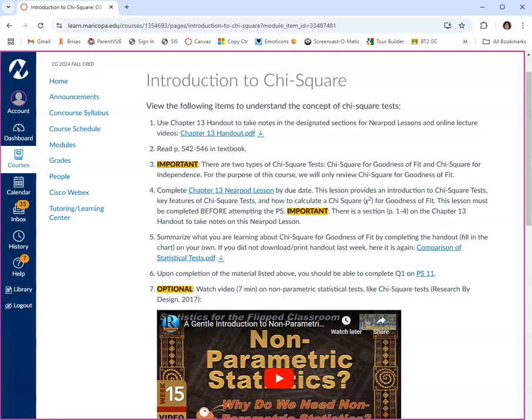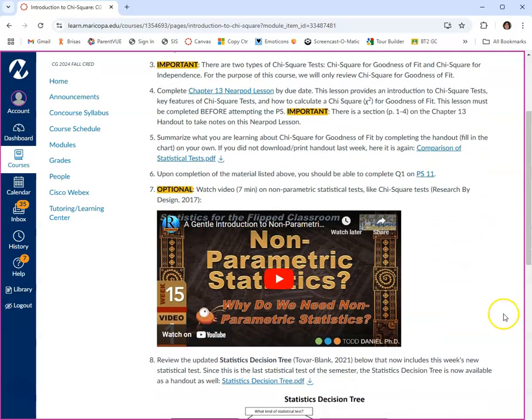Chi-square tests allow for the study of nominal variables. For this course, we will only review the chi-square for goodness of fit, that measures how well the data fit the hypothesis. So please read the designated pages in the textbook and complete the corresponding Nearpod lesson.